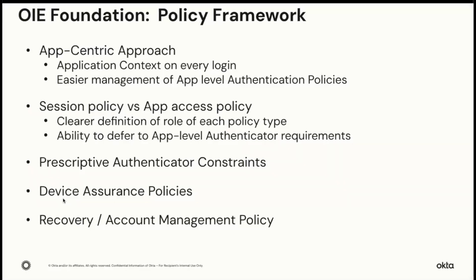In Classic, for a number of reasons, the policy structure tended to be very much top-down. It tended to focus on global policies, and app-level policies were really more of an exception. And that had a lot to do with the fact that it was such a pain to deal with app-level policies in Classic because of the way that the management of those was structured.